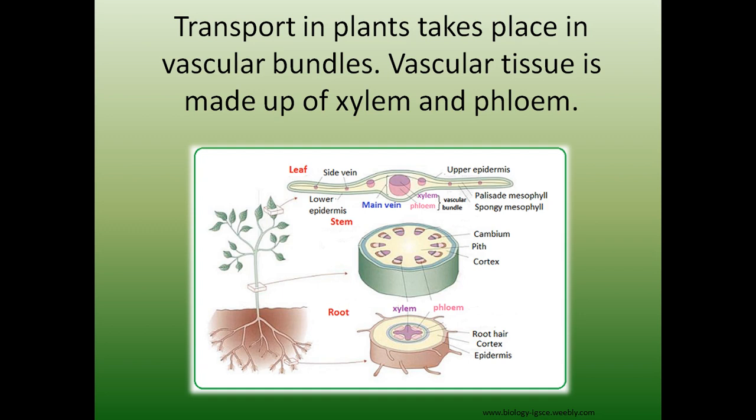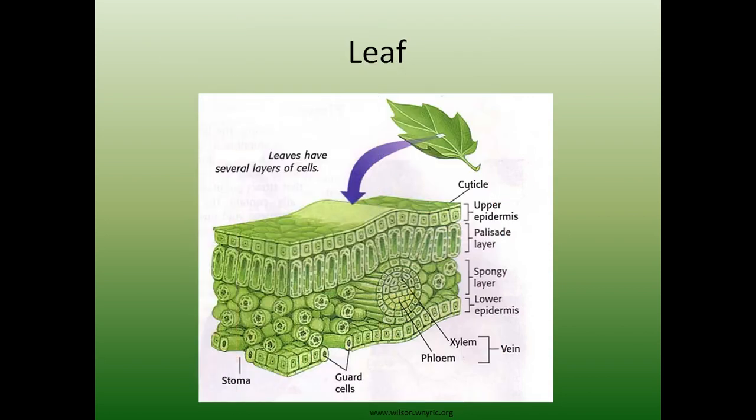In a dicotyledonous plant, the positions of vascular bundles are as shown in this diagram, in the leaf, stem and root. In a leaf, the midrib and veins contain the vascular bundles, with the xylem towards the upper surface of the leaf and the phloem towards the underside of the leaf.